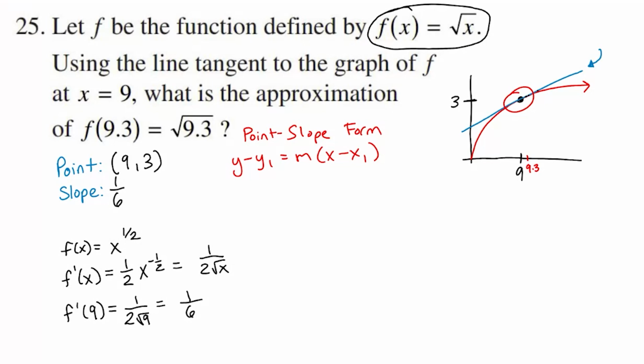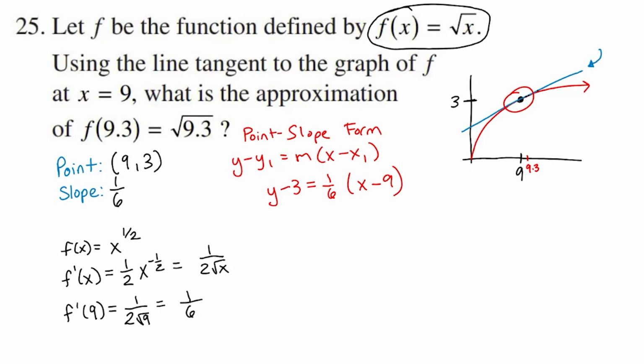Now we have an equation for that tangent line. y minus 3 equals 1/6 times x minus 9. Now that we have that equation, we can use it to approximate f of 9.3 by simply plugging in 9.3 into x and solving for y.